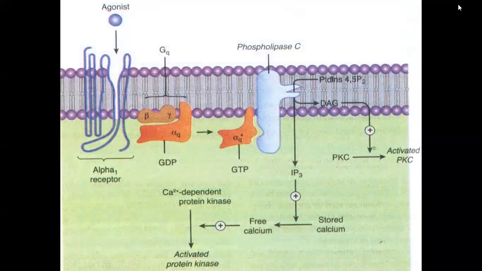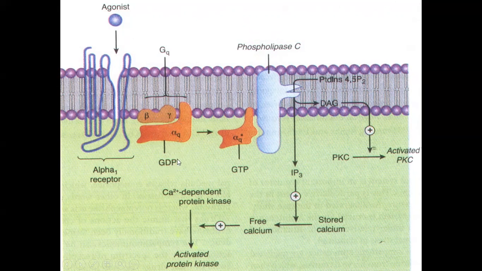Now this is the signaling mechanism. It shows the agonist binding to the receptor, and then the stimulation of the alpha-1 receptor through the Gq pathway, where the beta and gamma subunits are separated.